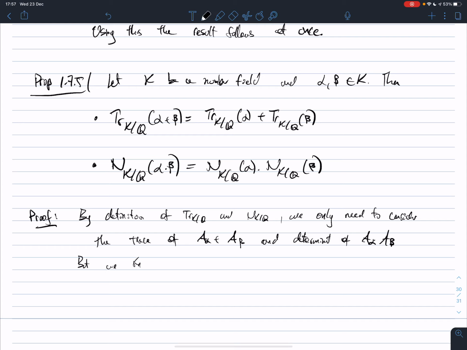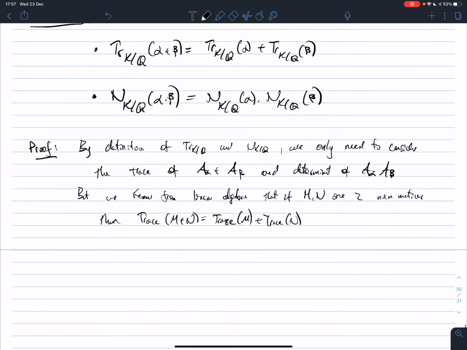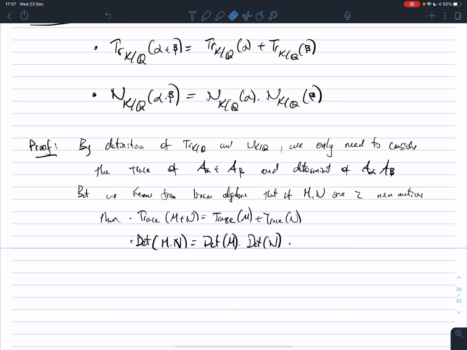Say, if M and N are two n by n matrices, then the trace of M plus N is the same thing as the trace of M plus the trace of N, and similarly the determinant of M times N is the same thing as the determinant of M times the determinant of N. So the result follows. Just so we're done.